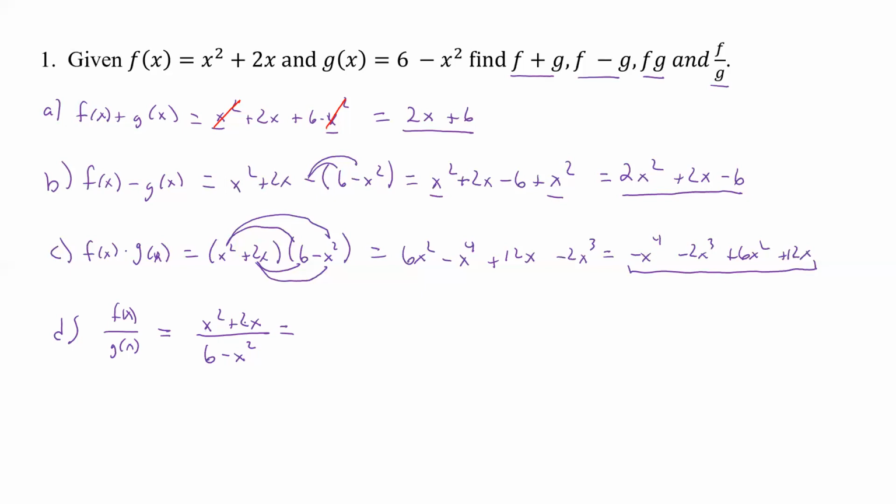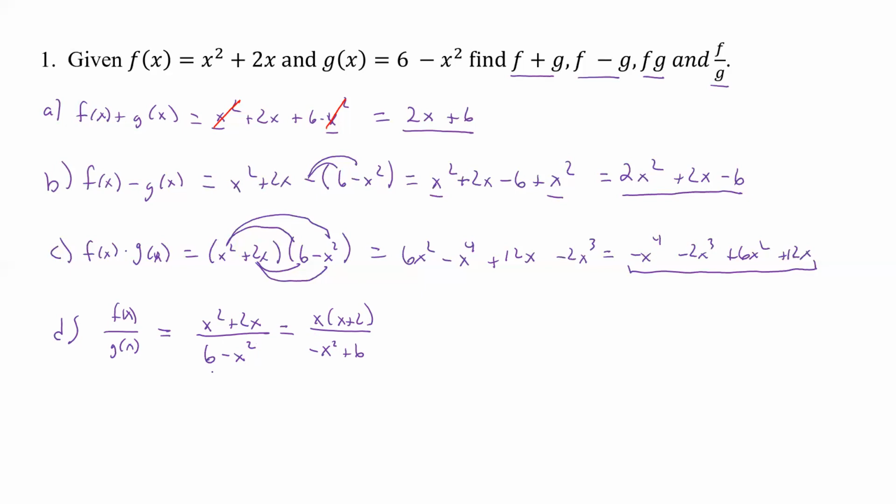Well, now we think about that. We could factor out an x from the numerator, and that's going to be x times x plus 2. Now this one, it's going to give us radicals and things like that if we try to factor it, so that's really not going to help. So we could leave this and say it's minus x squared plus 6, and there's nothing really we can do.